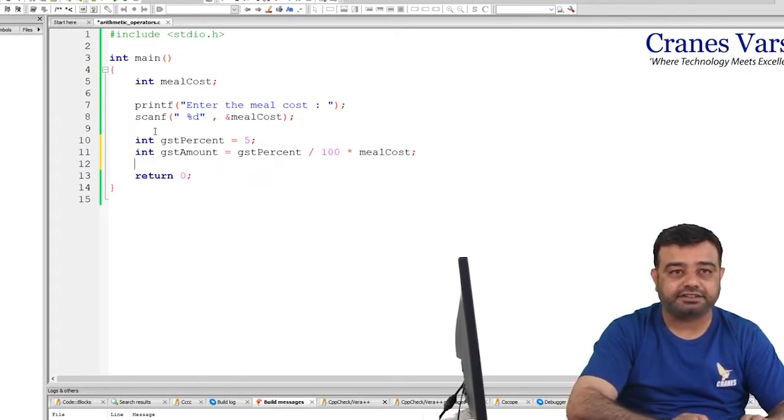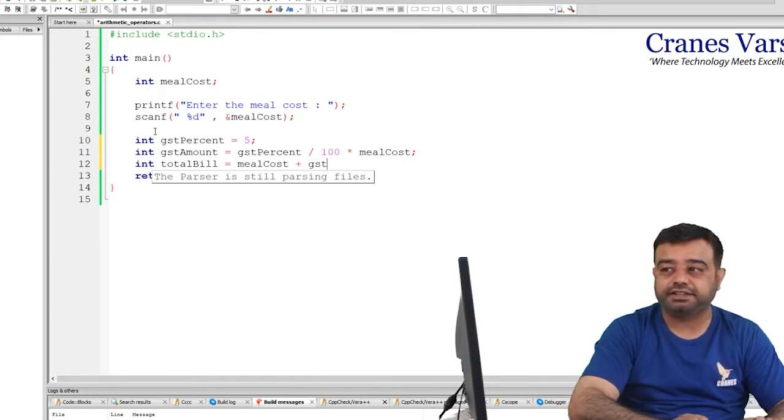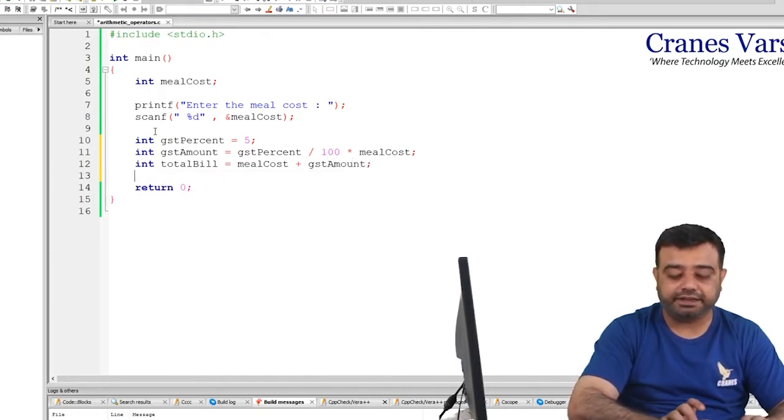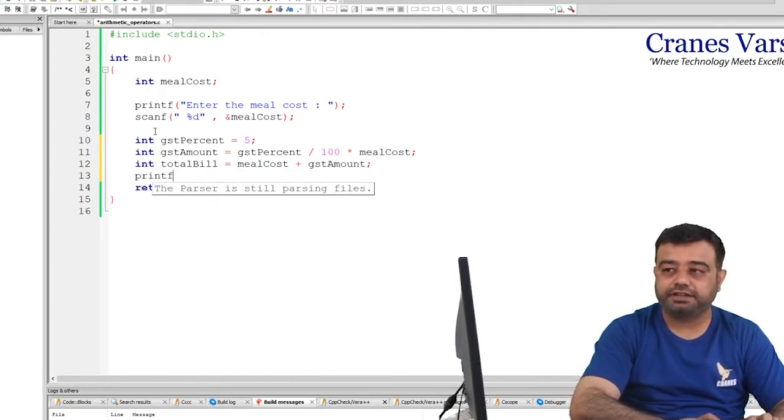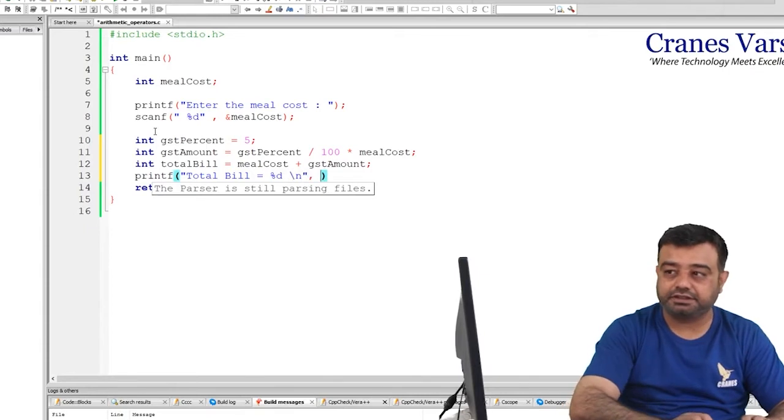Once I calculate it, you can print the GST amount, and then I'd like to calculate the total bill. Total bill equals your original meal cost plus the GST amount, and then I'd like to print the total bill, using percentage d.